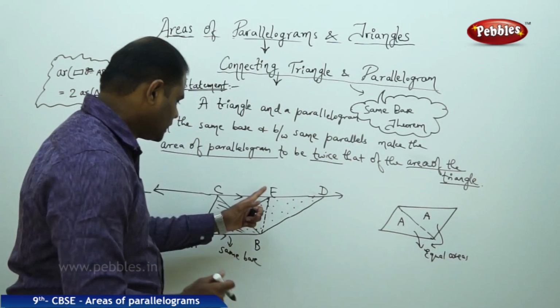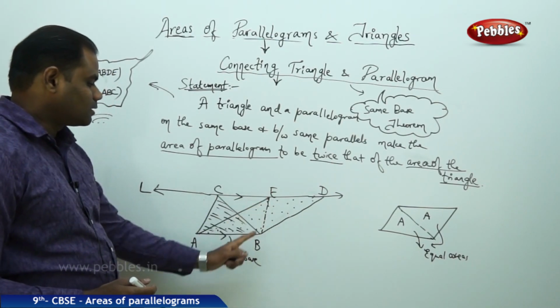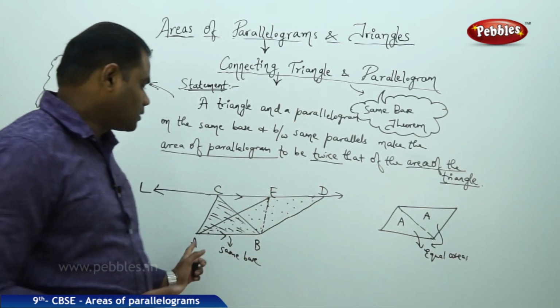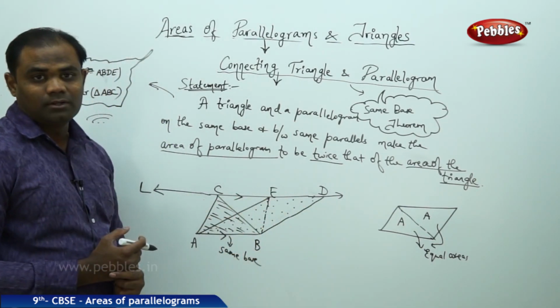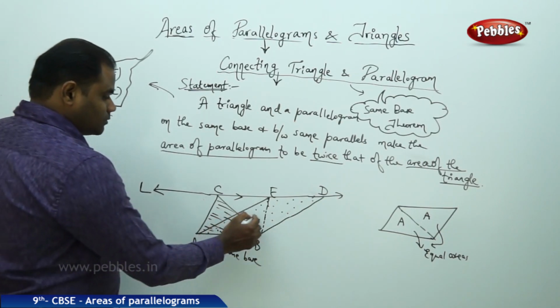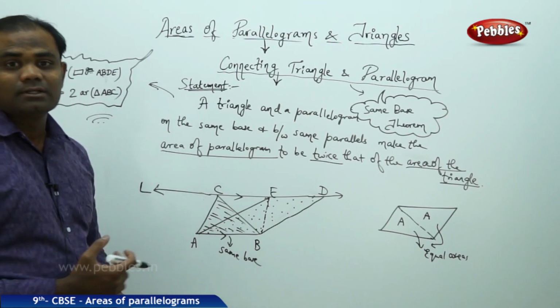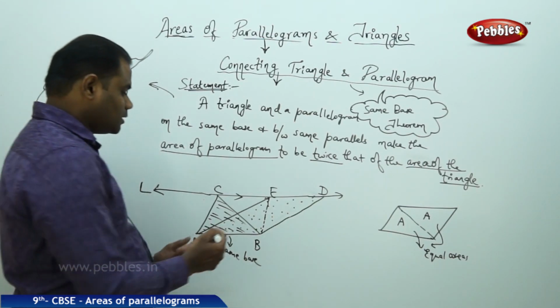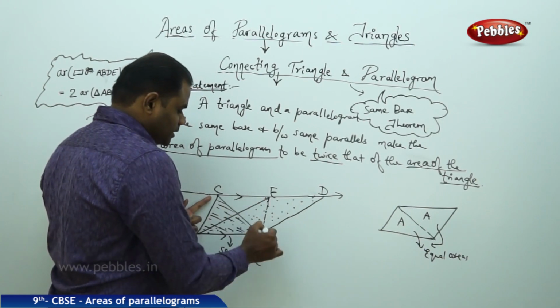Therefore, when I cut the diagonal BE, I get two triangles ABE and BDE in the parallelogram ABDE, whose areas are equal. Therefore, the area of the parallelogram would be twice the area of each. When I add this area with this, exactly, two triangles on the same base are equal.